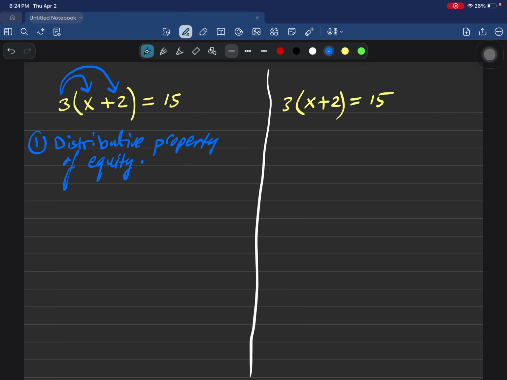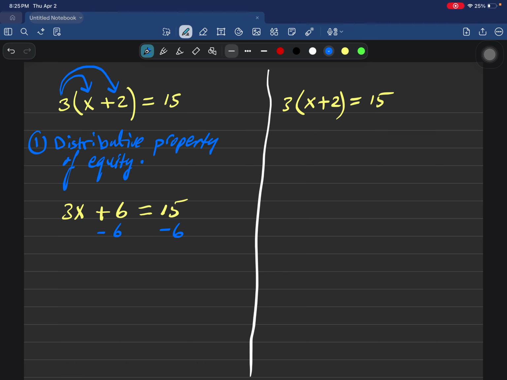And the result will be something like this: 3 times x, which is equal to 3x, then 3 times 2, which is 6, plus 6 equal to 15.